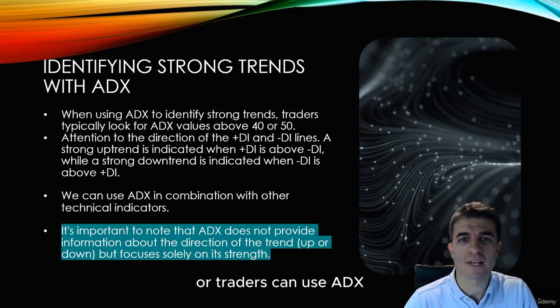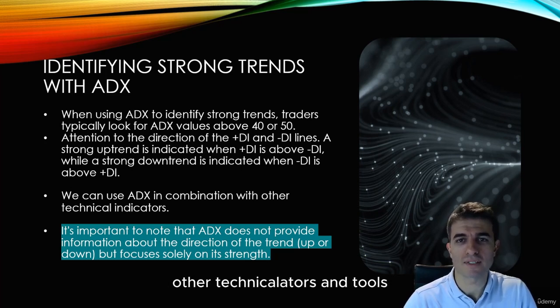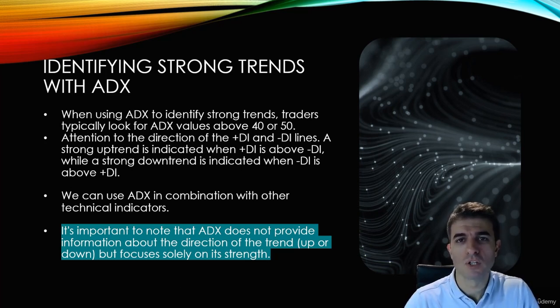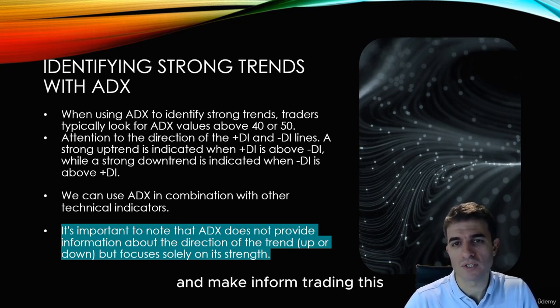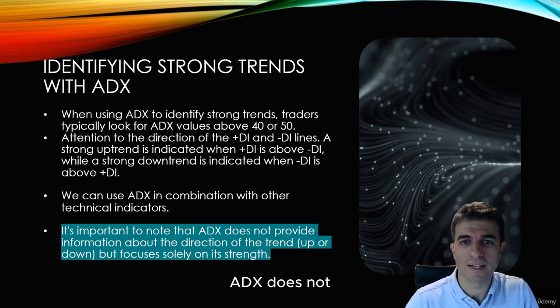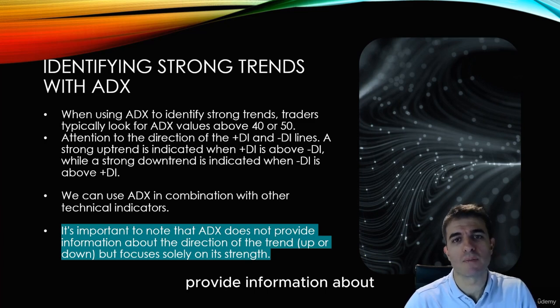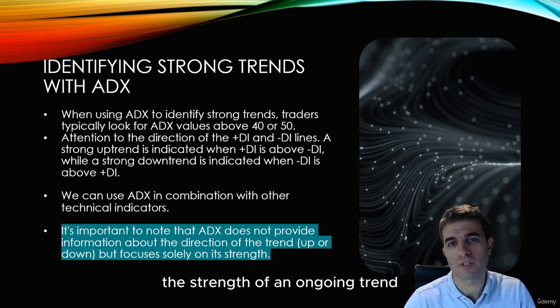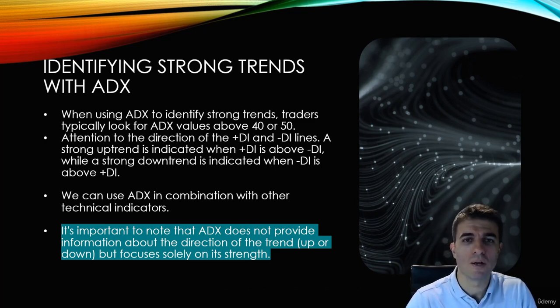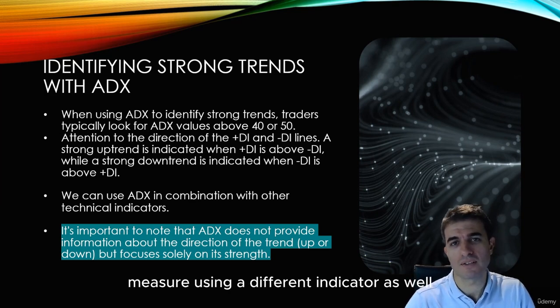So traders can use ADX in combination with other technical indicators and tools to confirm trend strength and make informed trading decisions. It's important to note that ADX does not provide information about the direction of the trend, whether it is an uptrend or a downtrend. It just focuses on quantifying the strength of an ongoing trend, and you might want to measure direction using a different indicator as well.